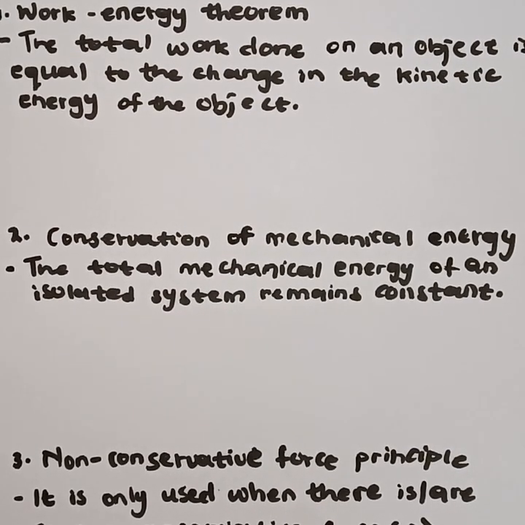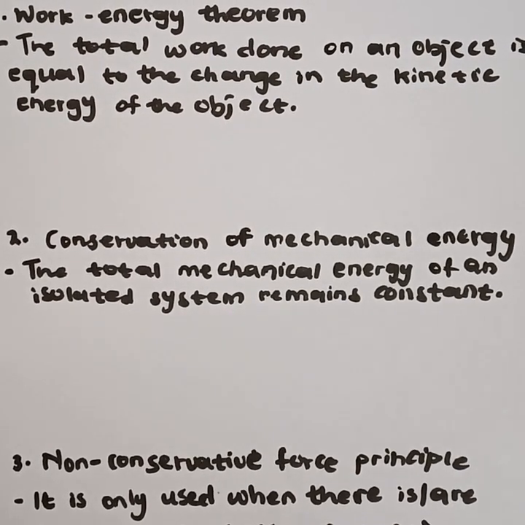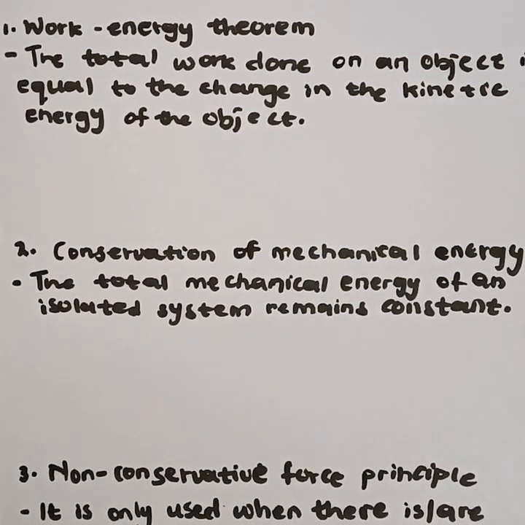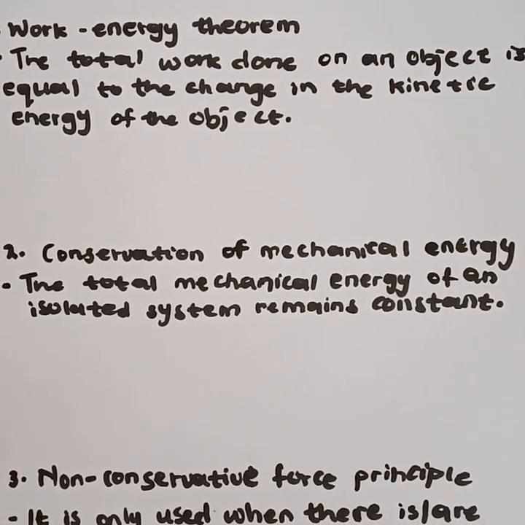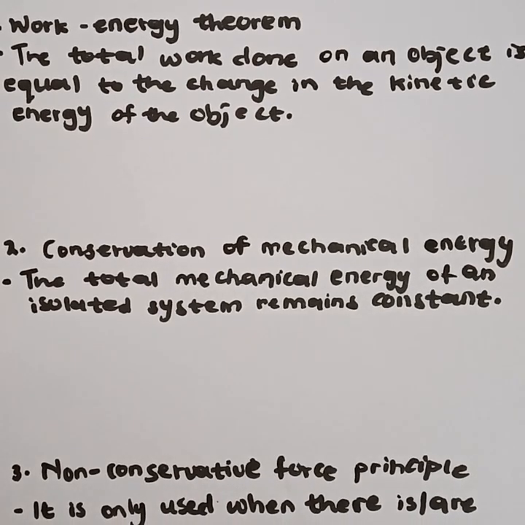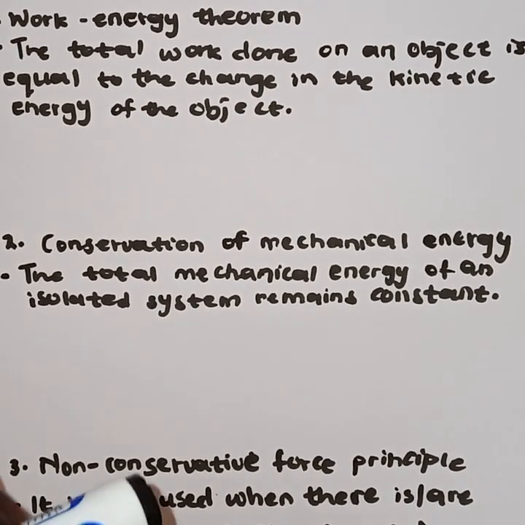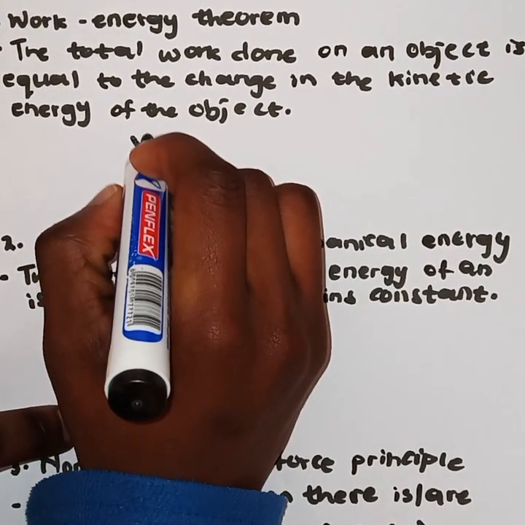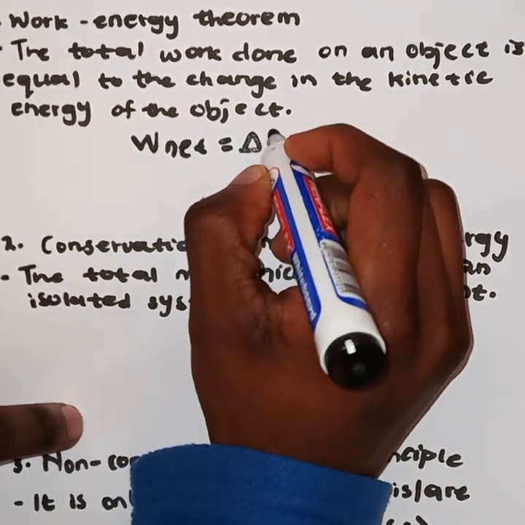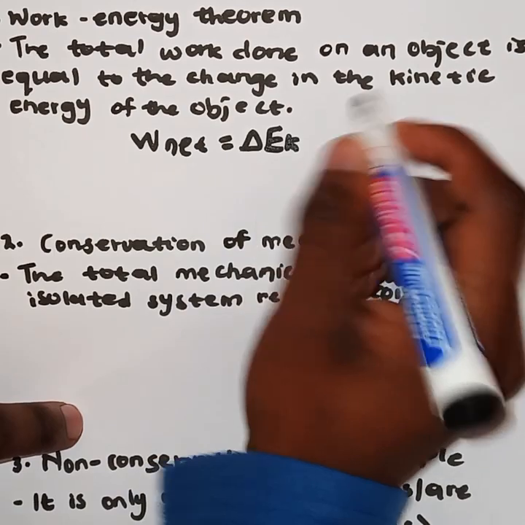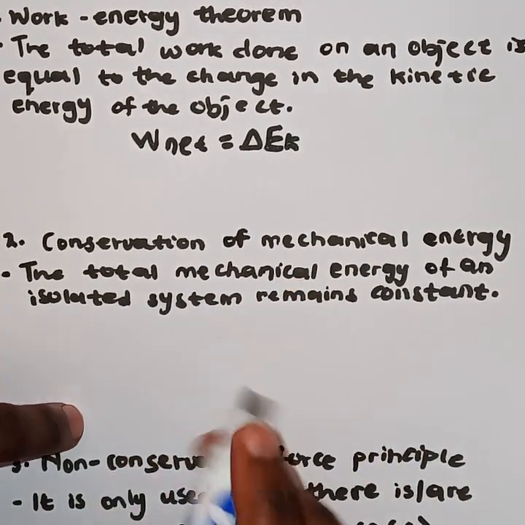Now, I'm going to help you to be able to use these principles to your advantage. The first one is the work energy theorem, which states that the total work done on an object is equal to a change in the kinetic energy of the object, which is just work net is equal to total change in EK.